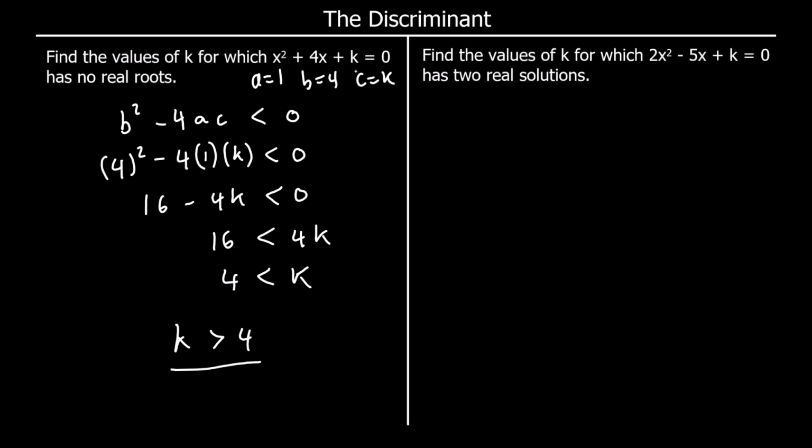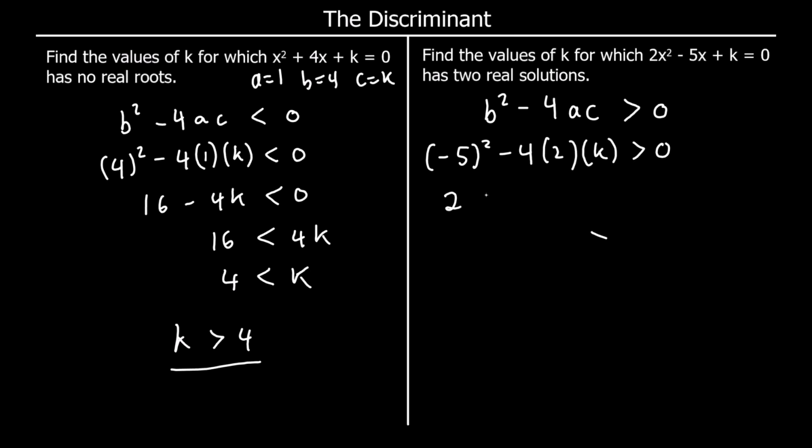One for you to try, so pause the video and give it a go. So it's got to have 2 real solutions. That means b squared minus 4ac has to be bigger than 0, has to be positive. b is negative 5, a is 2, and c is k.